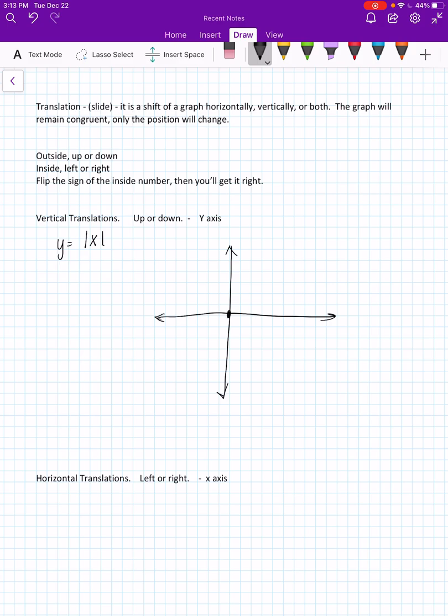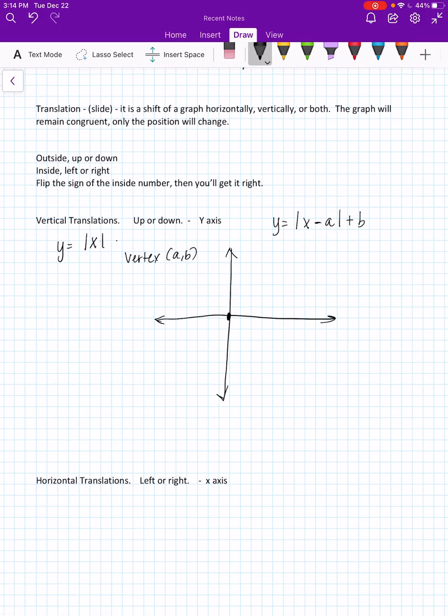Remember, the vertex is the (a, b) in y equals the absolute value of x minus a plus b. So inside was a 0, outside was a 0. So the vertex would be (0, 0), and the slope would be 1: up 1, over 1, up 1, back 1. So this would be your normal graph.